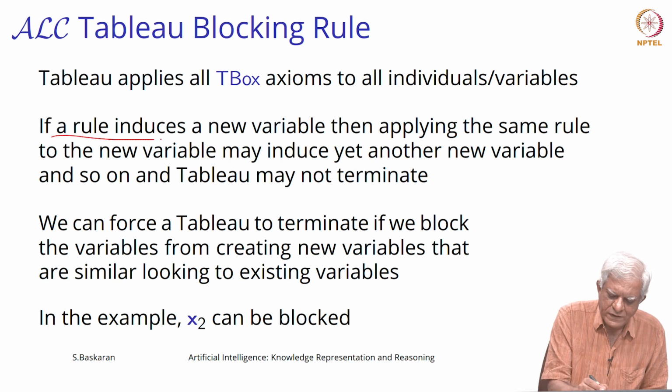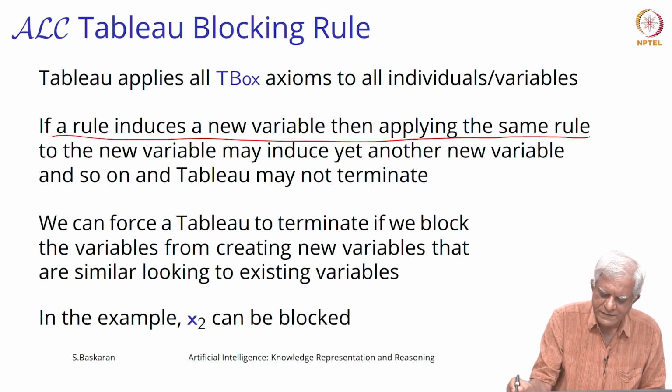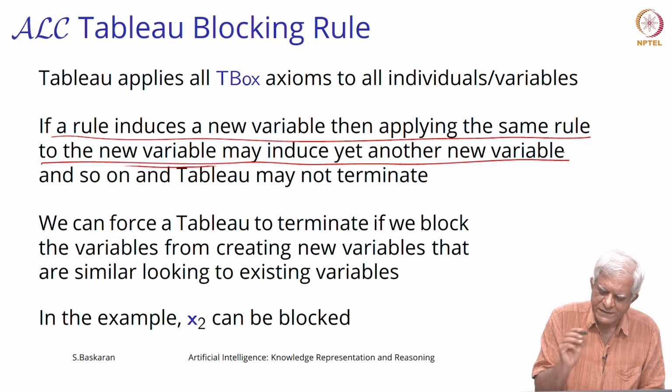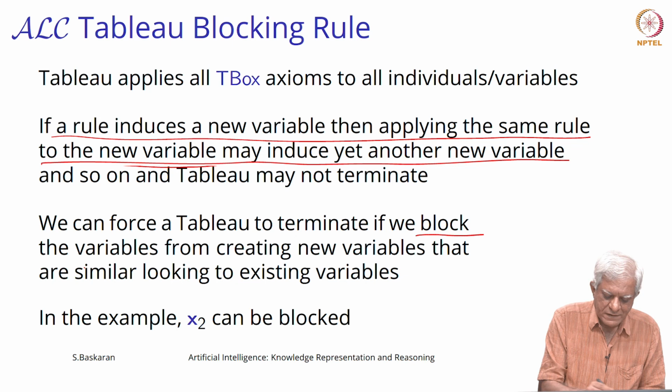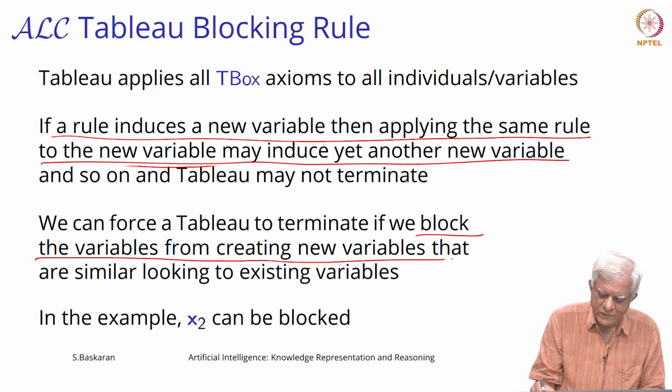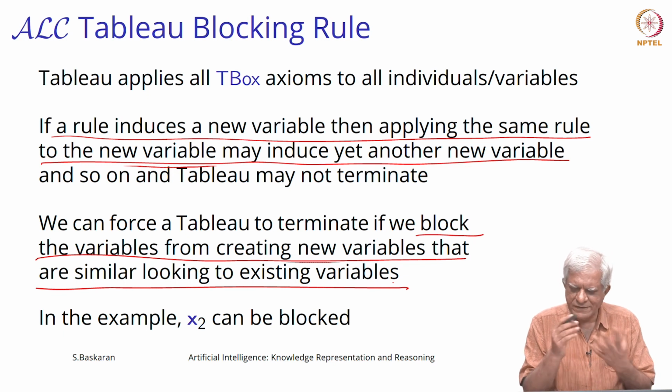If a rule induces a new variable, then applying the same rule to the new variable may induce yet another new variable. That is the problem that we just saw, and it may not terminate. So, we can force the tableau to terminate if we block the variables from creating new variables that are similar. By similar we mean they have the same label set.